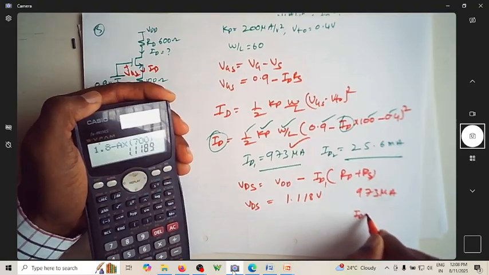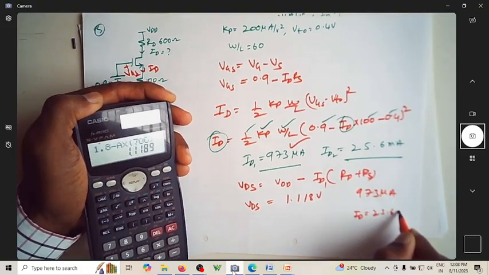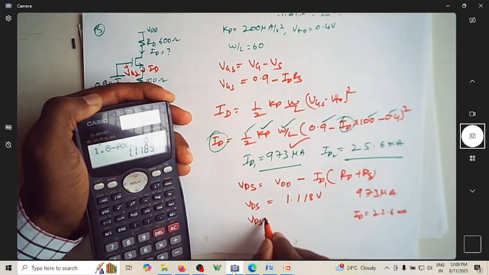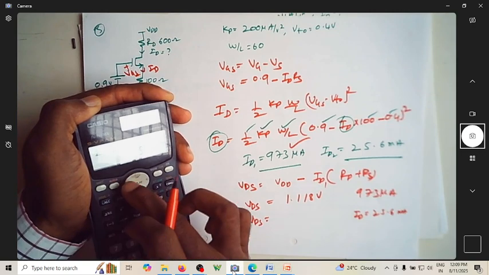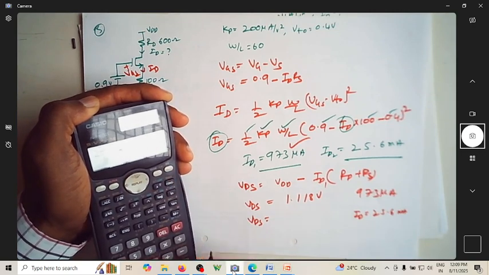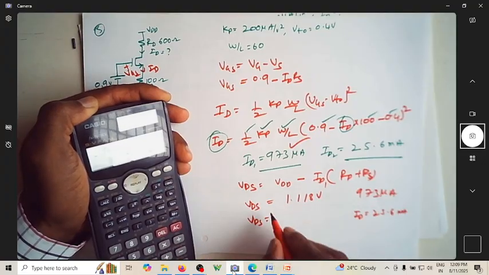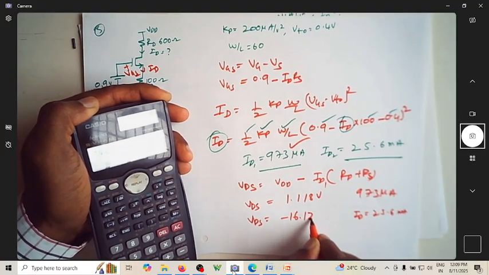With the ID as 25.6 milliamperes, how much is VDS? Calculate for 25.6 exponential minus 3. Can you see it is coming out to be minus 16.12 volt?